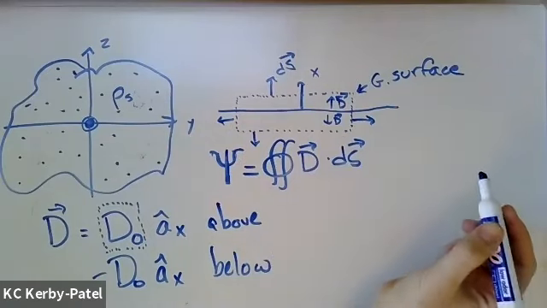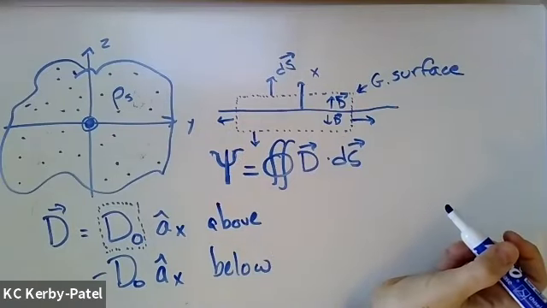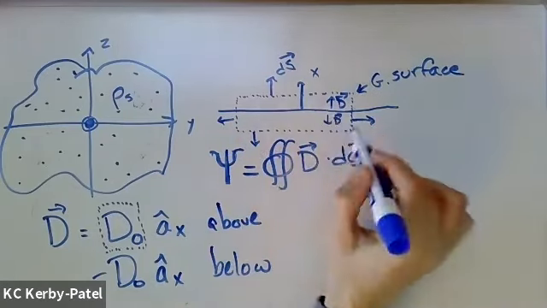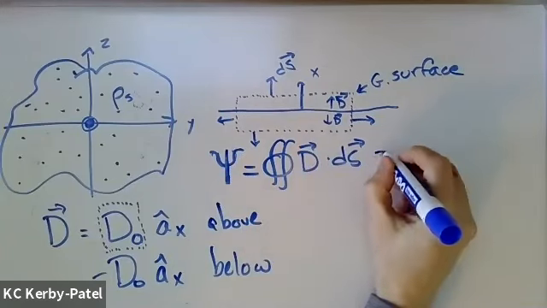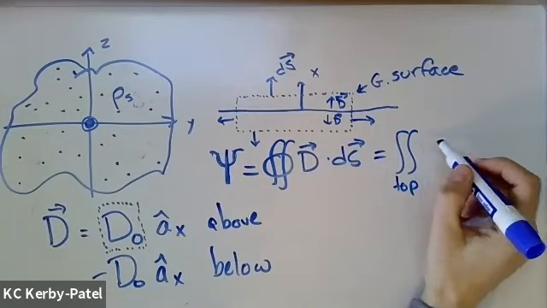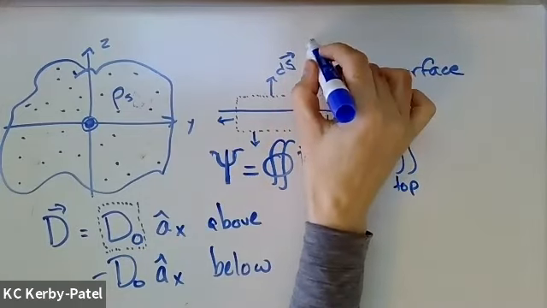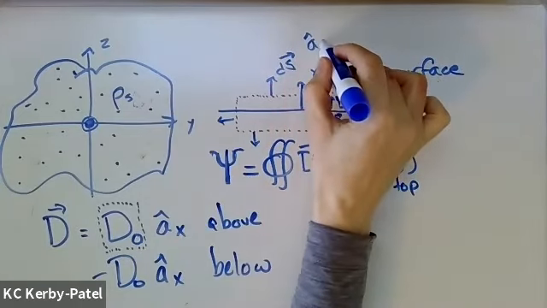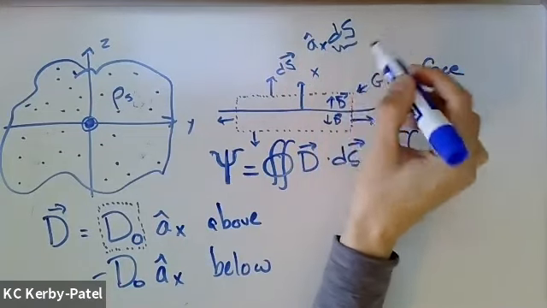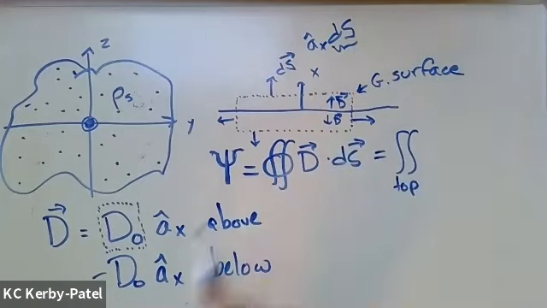So that means my electric flux is going to be composed of 4 separate parts. I'm going to have the surface integral on the top of D dot dS, but dS is a hat x times dS, the differential surface element without a vector direction, right? Just the magnitude of it.